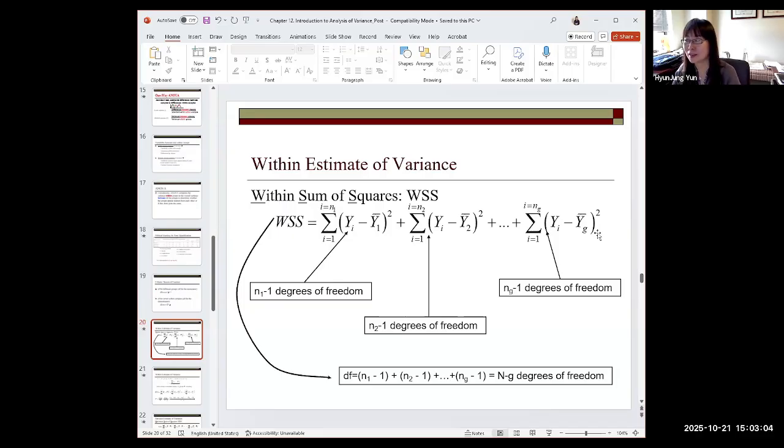What is that? It's variance. Remember variance is a summation of the deviations. But to have a variance, you divide by sample size minus one. That was the basic form.